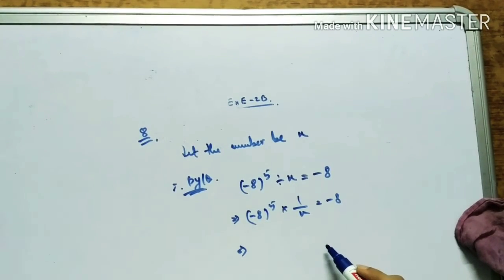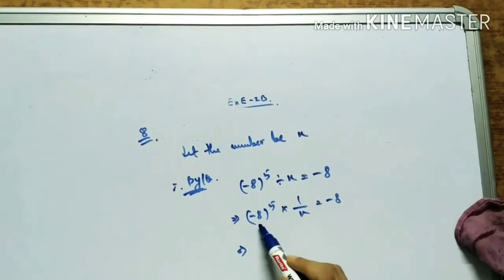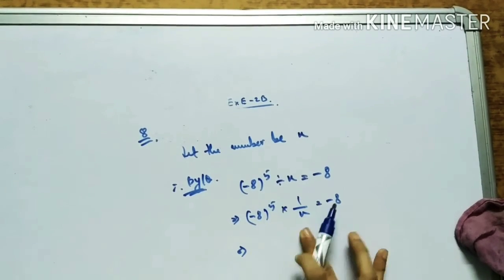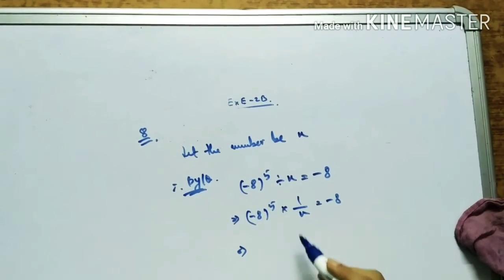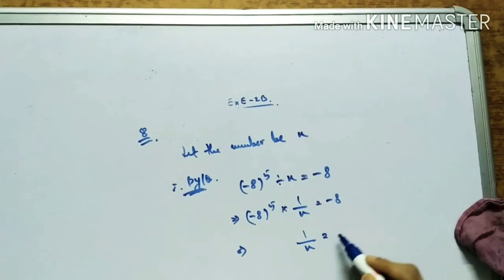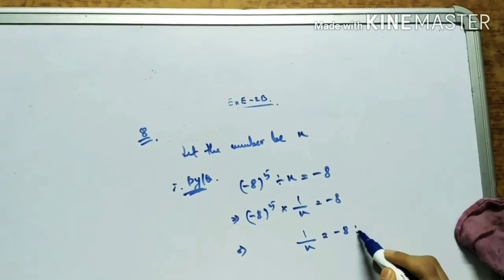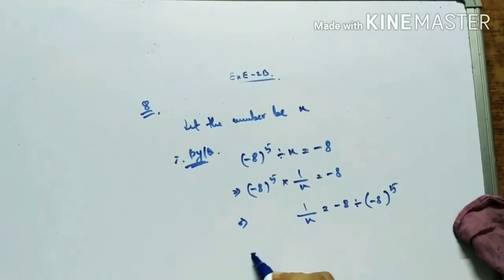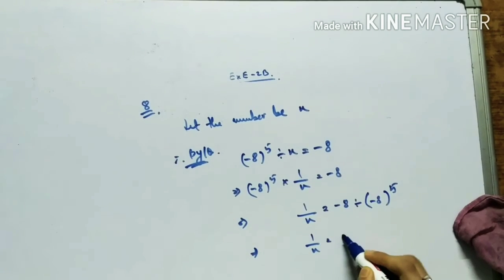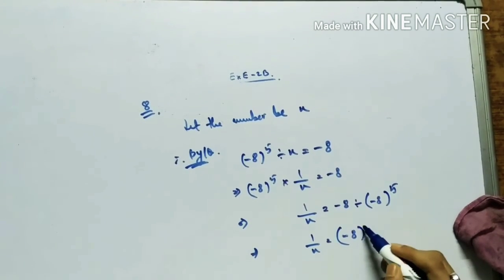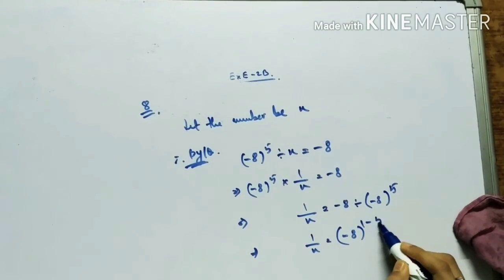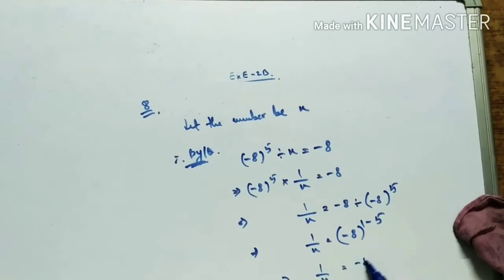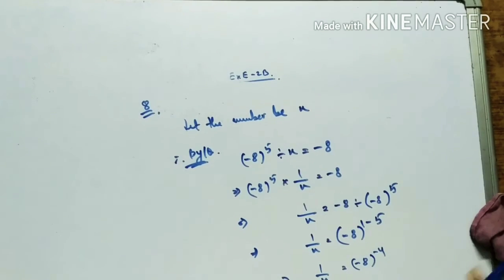Now if I shift this side, then I will get 1 by x is equal to minus 8 divided by minus 8 to the power 5. So 1 by x is equal to minus 8 to the power 1 minus 5. So 1 by x is equal to minus 8 to the power minus 4.